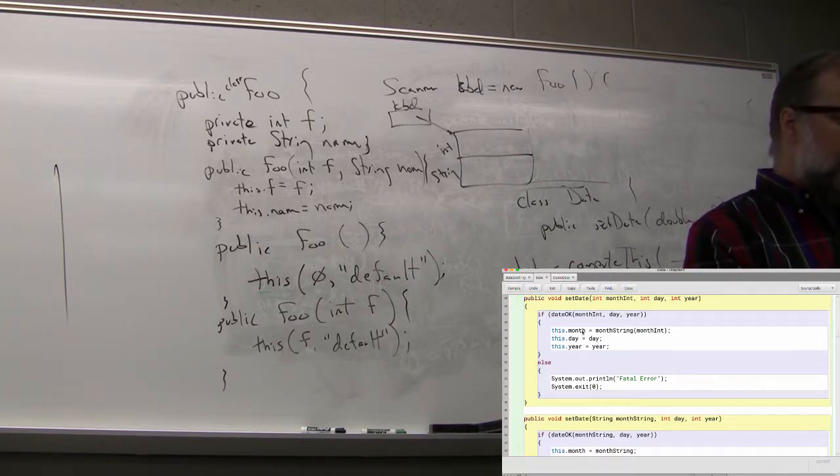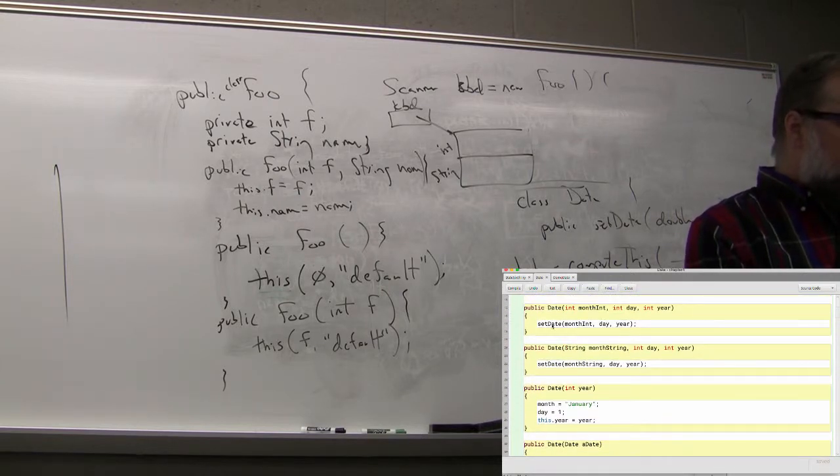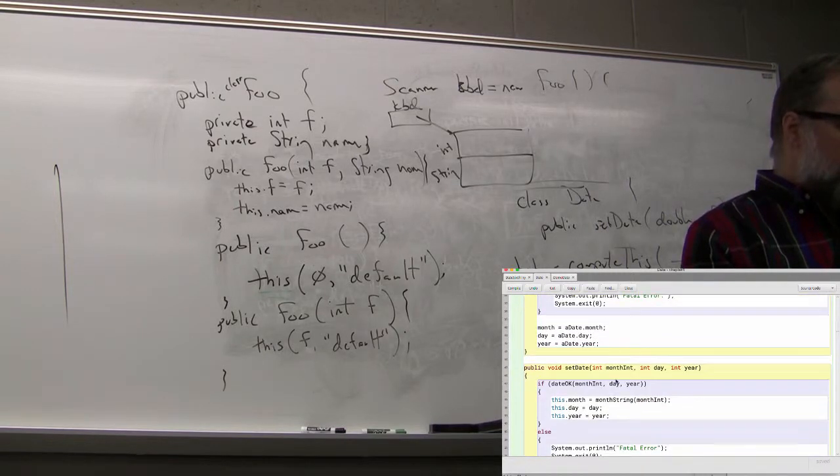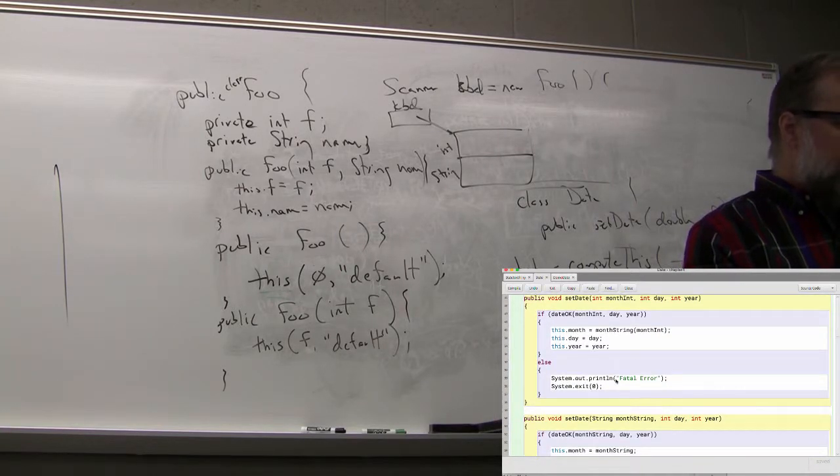You'll notice these constructors here both call setDate, and you pass in either an int or a string as the first argument. So there are two different setDate methods, overloaded. If you look down here at setDate, they have very similar structure. The only difference is the data type of the first argument.